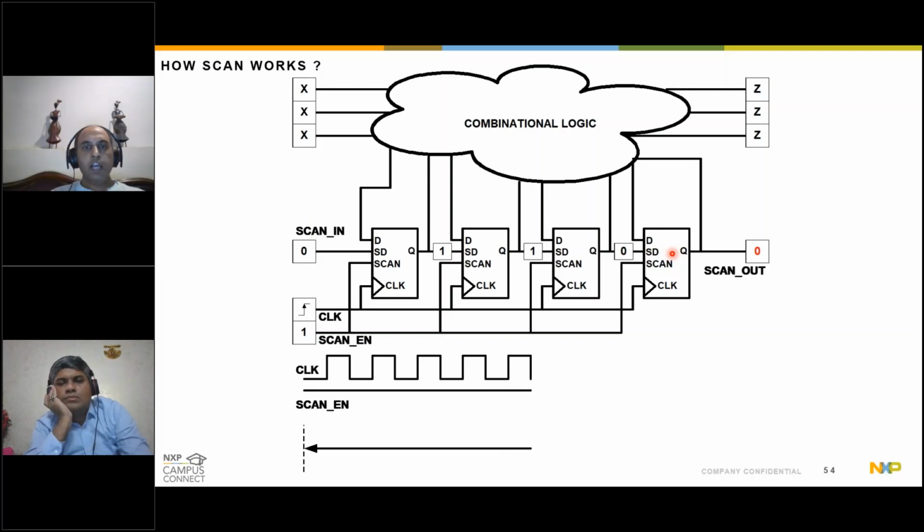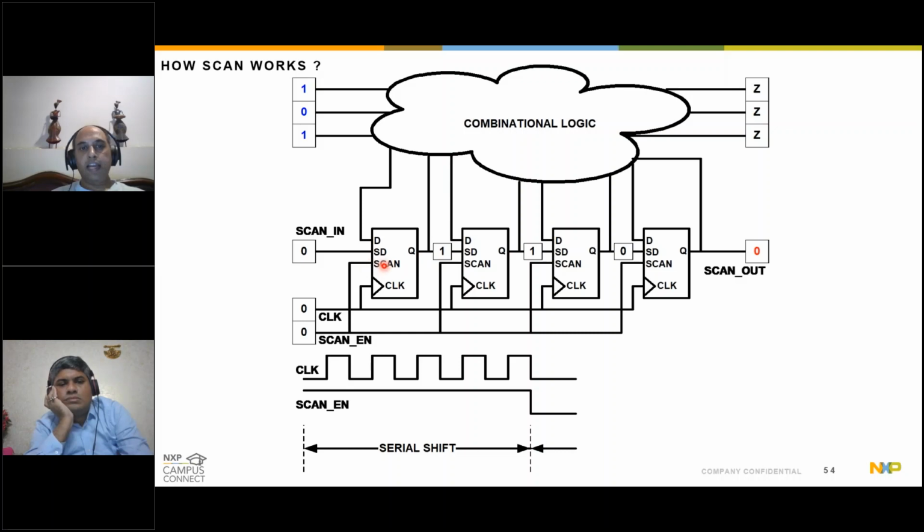Now, after let's say 4 clock cycles, I have been able to condition all my flops to some desired state, right? Once I have conditioned all the flops to my desired state, I will bring the scan enable low. When I bring the scan enable low, all the flops will capture the data through their D input.